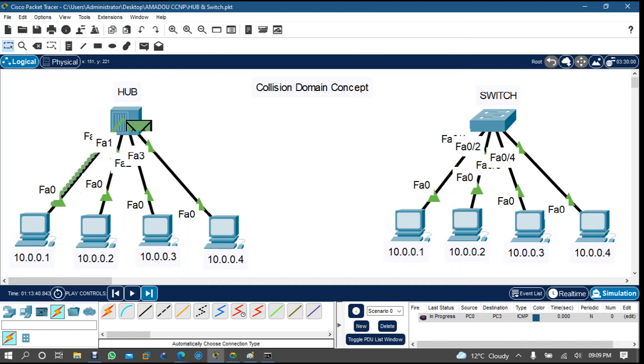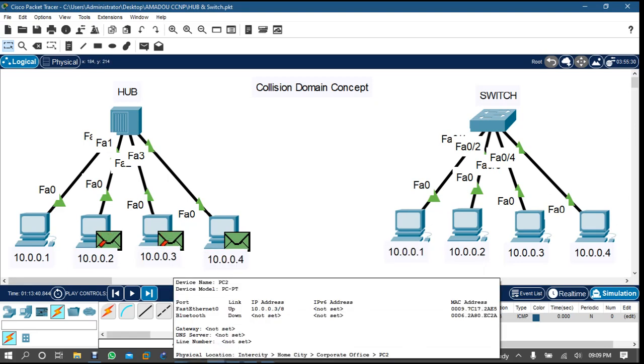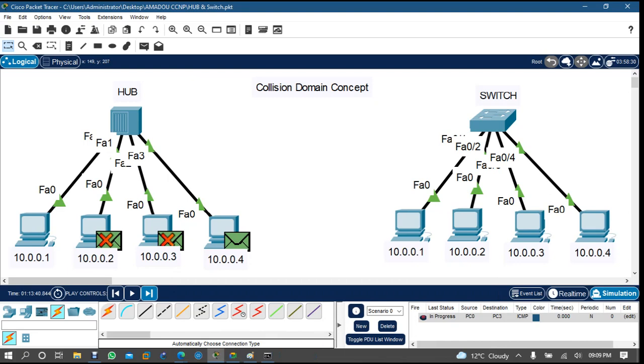Now see, it reached the hub, and then the hub is sending it to all the machines or devices connected to the hub. Why is the hub doing that? To understand this, first you have to understand the collision domain.